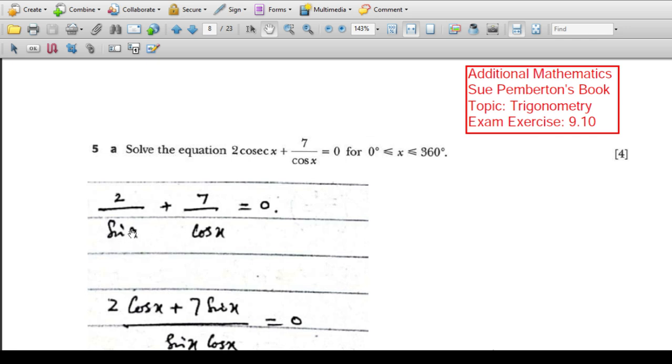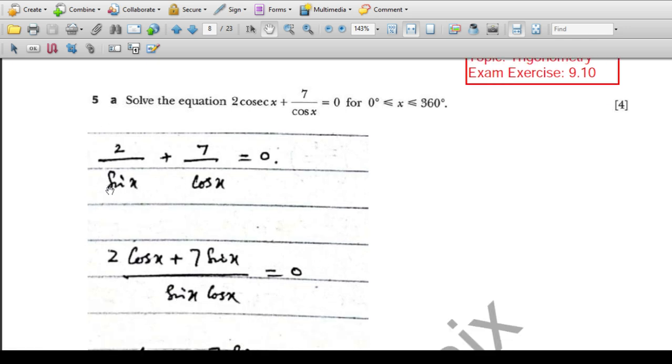We take the LCM, sin x cos x, and this sin x will divide this and cos x will be obtained. So multiply this 2 with cos x, like a simple LCM. Similarly, for this cos x, we will divide this denominator and we'll get sin x, and then sin x will multiply with this 7.